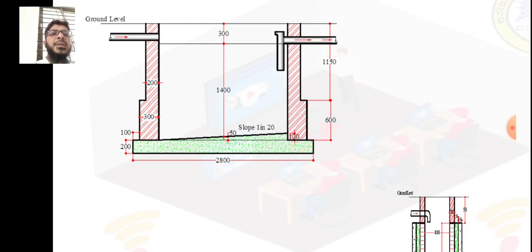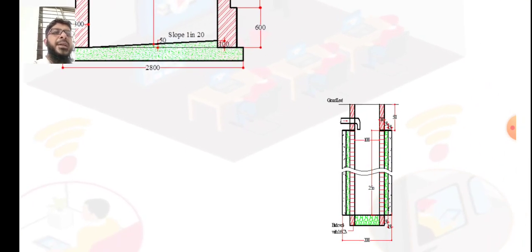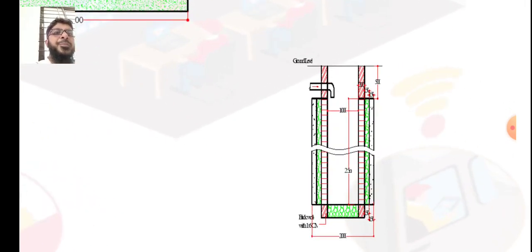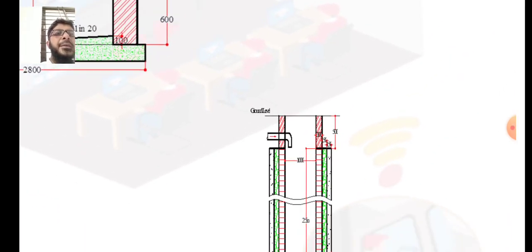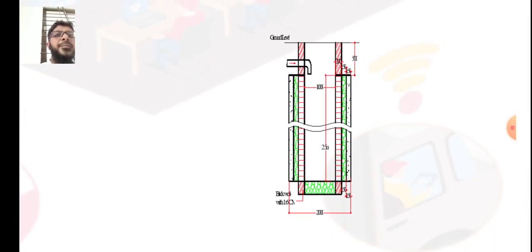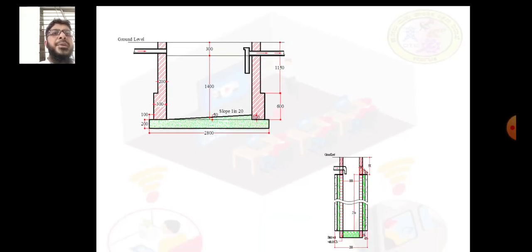Then thickness of the bed block is 200. So total height 300 plus 1400 plus 50 plus 200 and overall dimension of excavation is 2.8 meter. Then come to soak pit, it is circular, total height we can calculate it here like that. So these are some of the sketches for your reference.